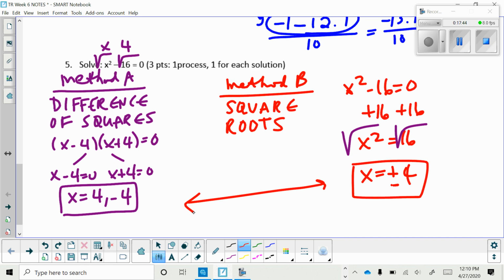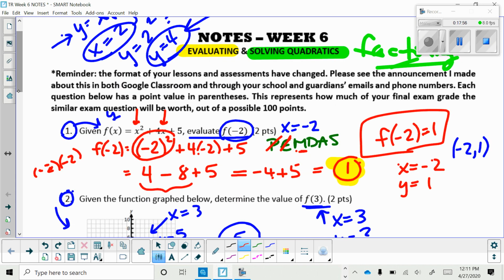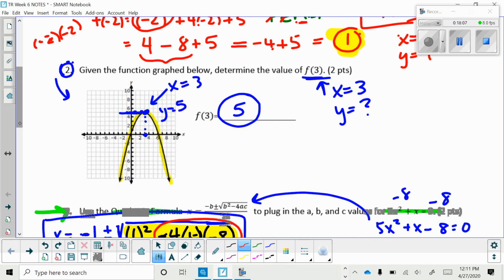So real quickly, before we start on the back of your note sheet, what we've just done is this. We evaluated or found the value of quadratics. In number 1, we did it algebraically by plugging in an x value, doing the math to get the y value. In number 2, we had a picture.